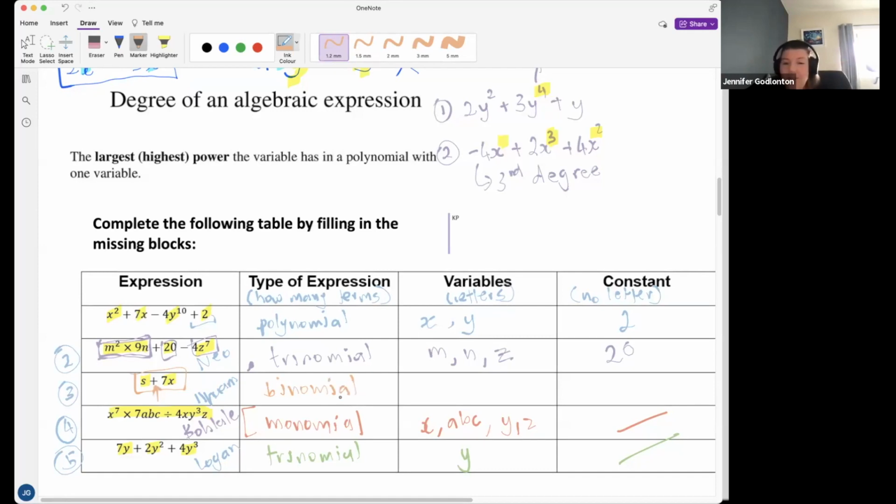It's going to be a binomial. What would my variables be in this question? Good. S and X. Excellent. Okay. And what would my constant be in this question?